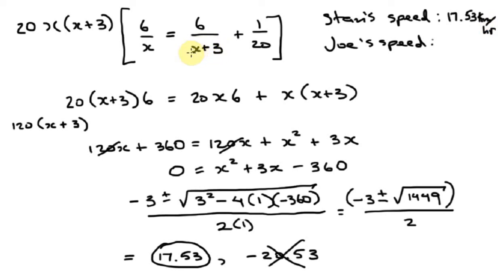And remember that Joe's speed was 3 kilometers per hour faster than that, so it's simply a matter of adding 3. So he's traveling at 20.53 kilometers per hour. So there's our answers. There's Stan's speed and Joe's speed, and we've solved this question.